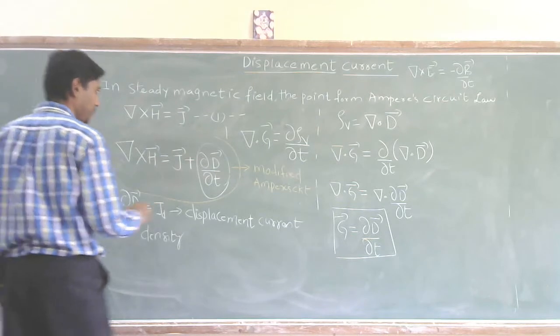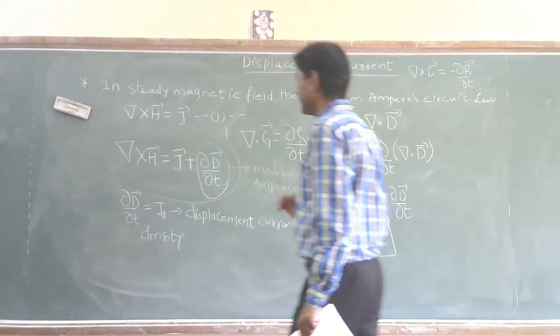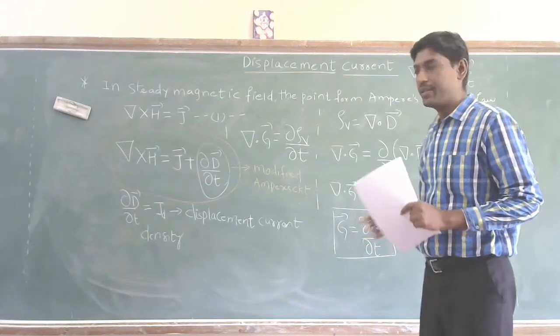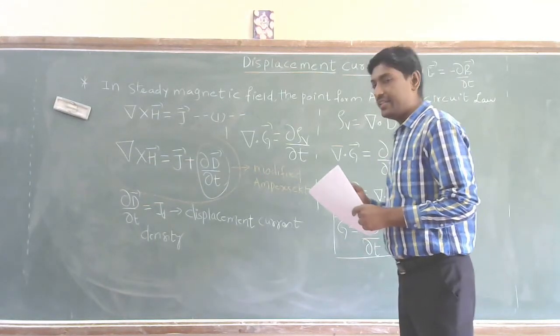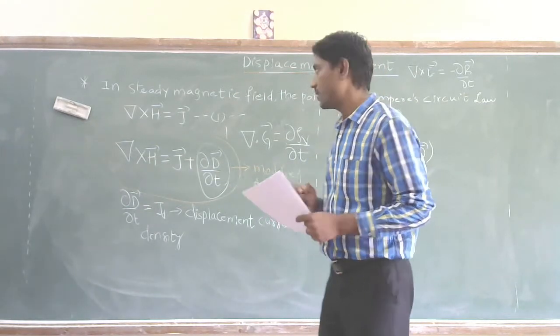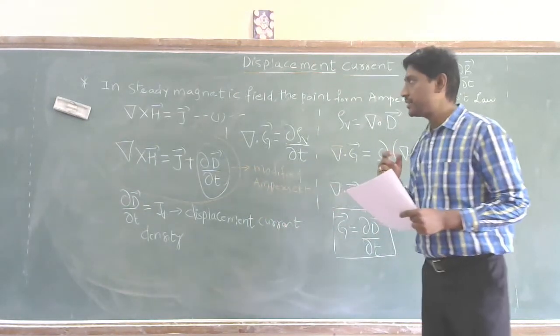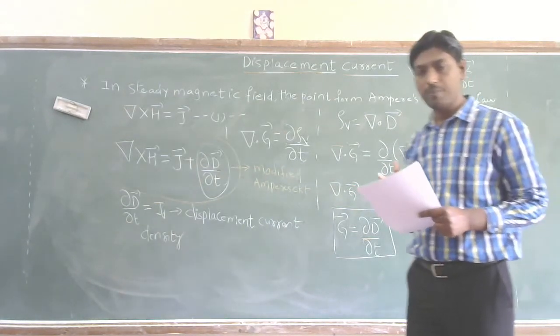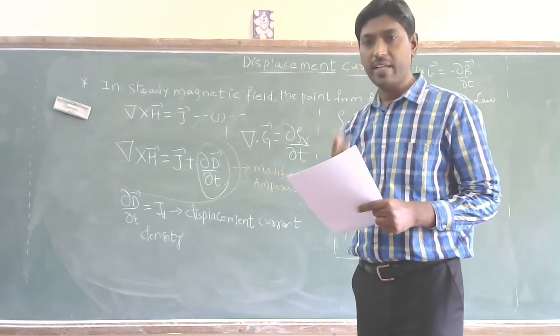So now, as I said at the beginning, we were interested to check whether we need some modification for those existing Maxwell's equations, and you could see that if you try to check the Maxwell's equations, we have two curl operations and two divergence operations.